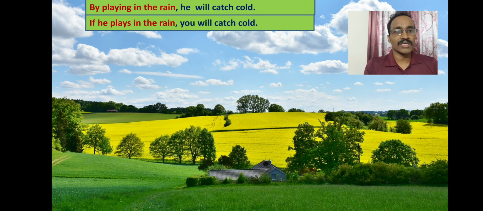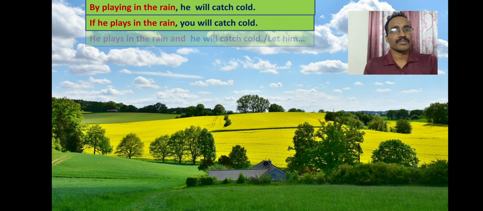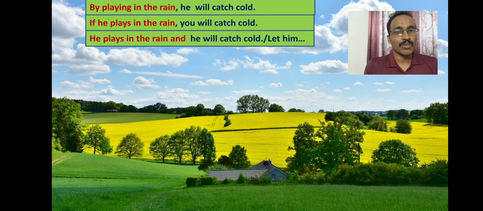From this portion we get the subject he, and according to the rule of conditional, if the first clause is in present indefinite tense, the second clause will be in future indefinite tense. This is the first conditional. So if he plays in the rain, he will catch cold. And how to make it a compound sentence? To make it a compound sentence, we will use and to connect the clauses. He plays in the rain and he will catch cold.